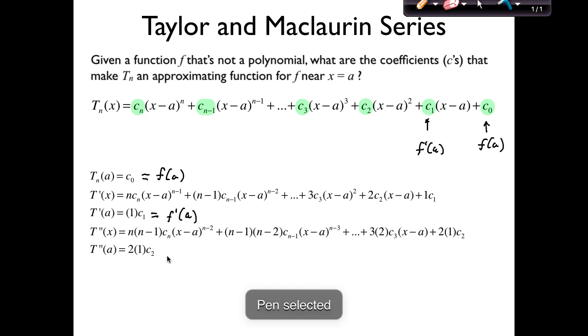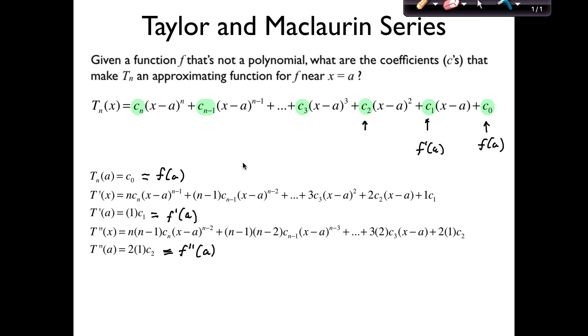And we want that to get the second derivative right. So that forces it. Therefore, what are we going to make c2 so that the polynomial we're making gets the second derivative right? f double prime?